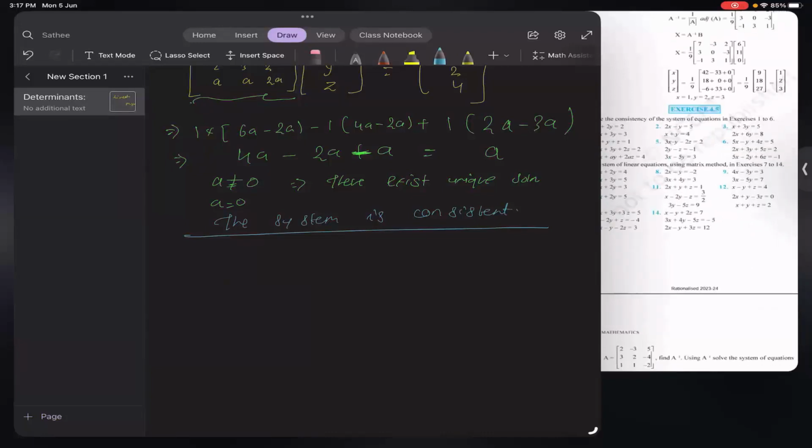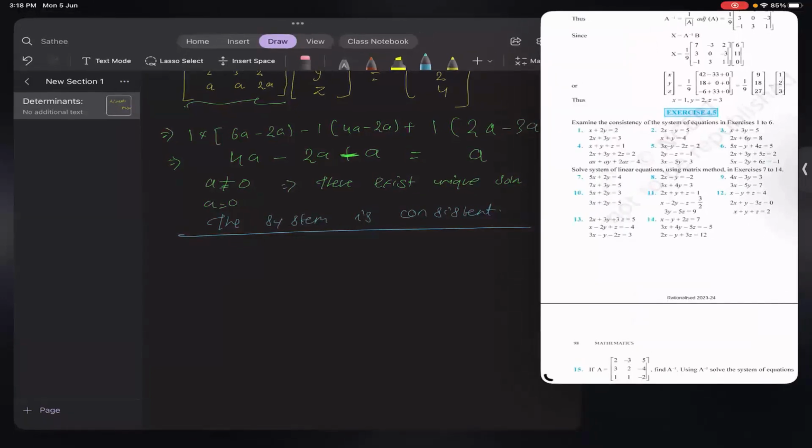Similarly, in the remaining questions you have to check the same case, whether the determinant is zero or non-zero, as I gave you the intuition with the first question.